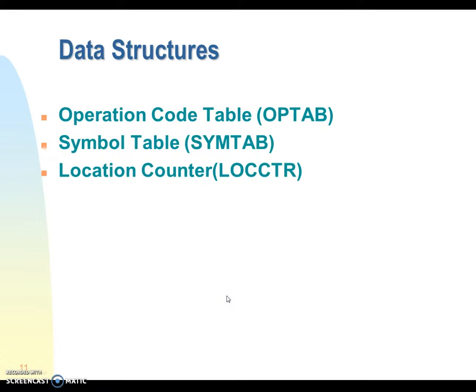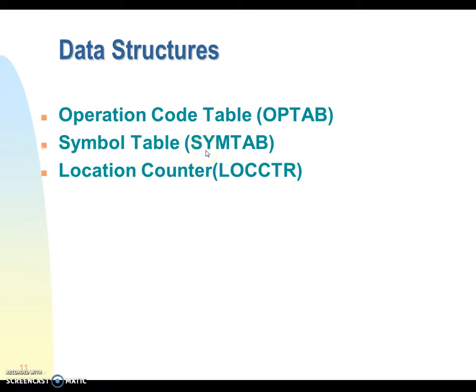While designing an assembler, we need some important data structures: the opcode table, the symbol table and the location counter. What is the opcode table? It is a database which consists of all the machine codes supported by that processor, and the equivalent machine code is stored in that table. What is the symbol table?